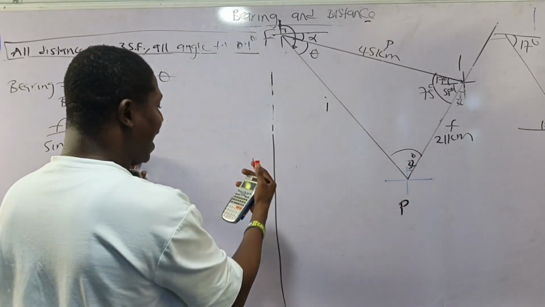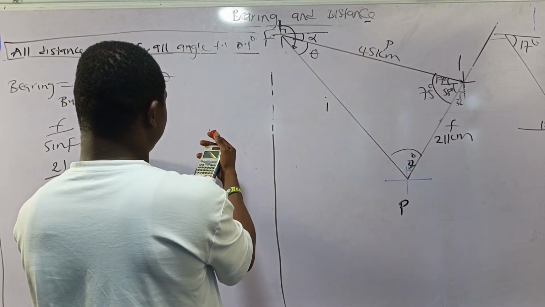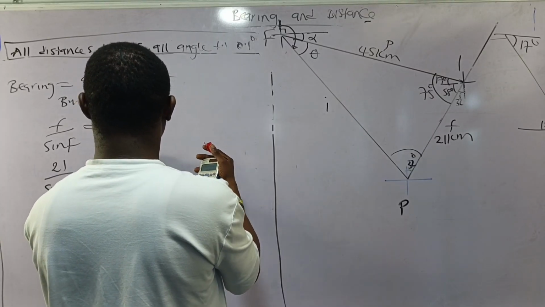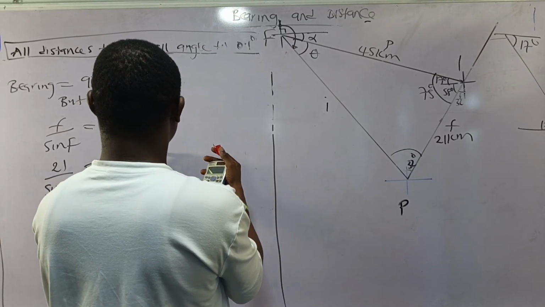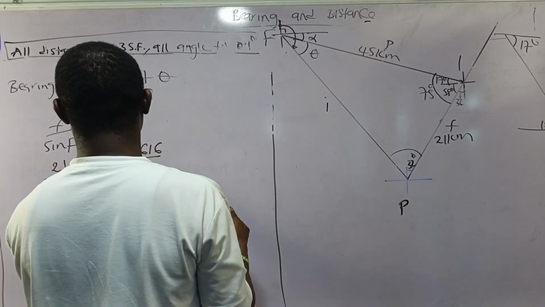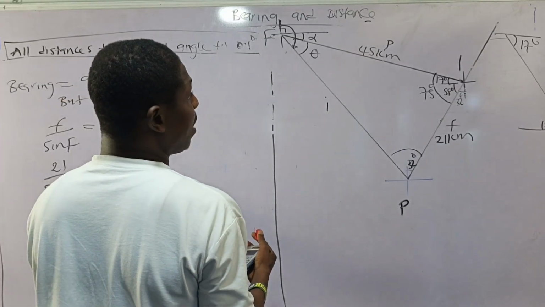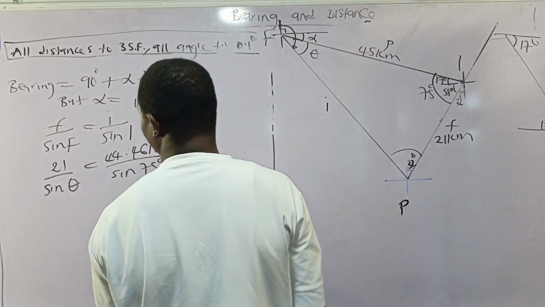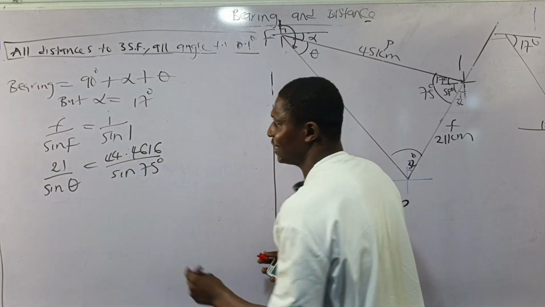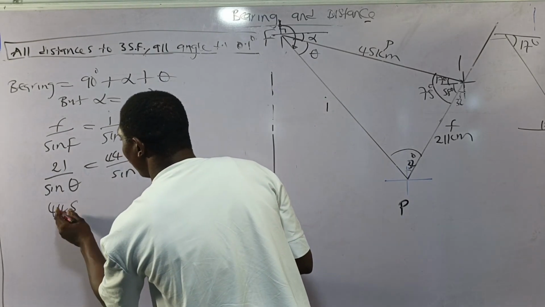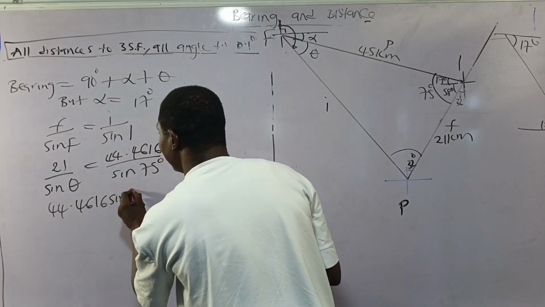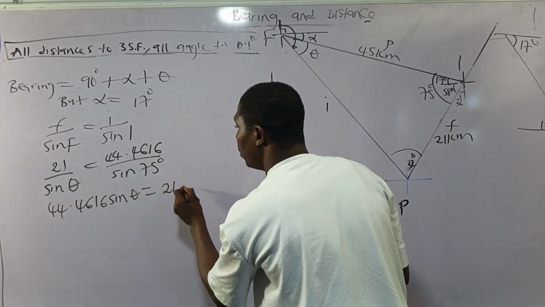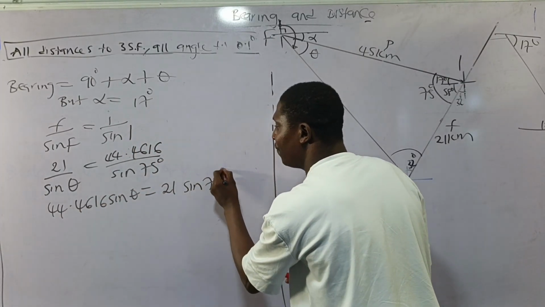Equals my small i, 44.4616, over sine of my angle I, which is 75 degrees. Now I'm looking for theta. I'll have 44.4616 sine theta equal to 21 sine 75 degrees.